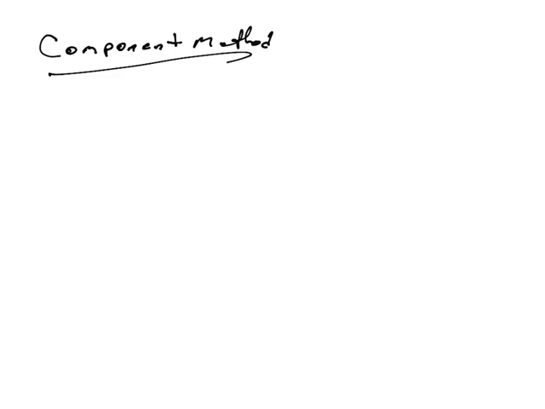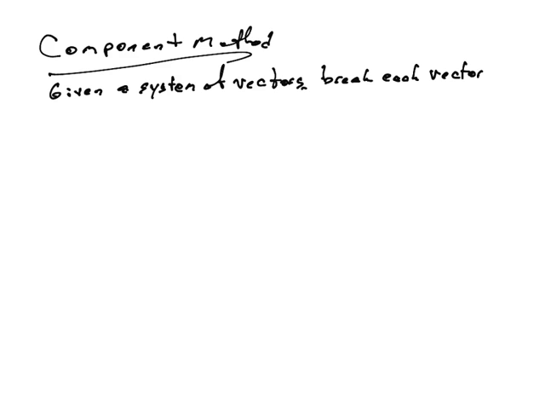And what the component method says is, given a system of vectors, break each vector into its components. Now what that means, it could be x and y, or it could be parallel and perpendicular.